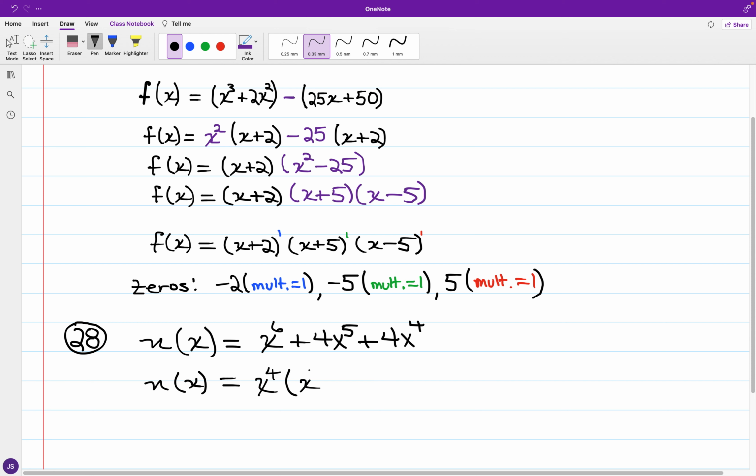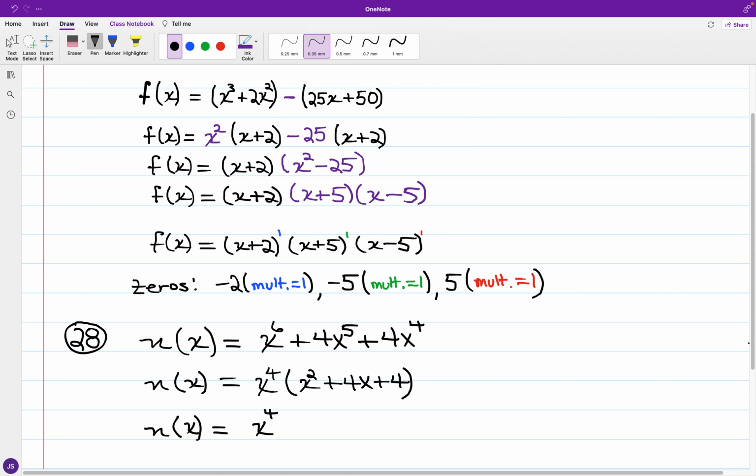And so for the initial factoring, we have x to the 4th, and into this trinomial will go x squared plus 4x plus 4 times. And we can factor this trinomial.